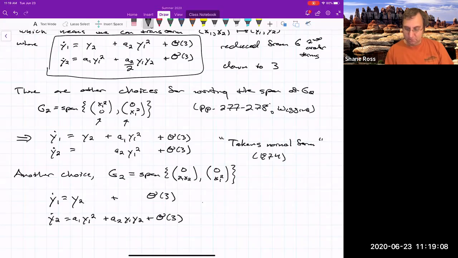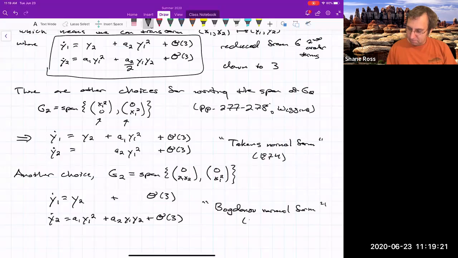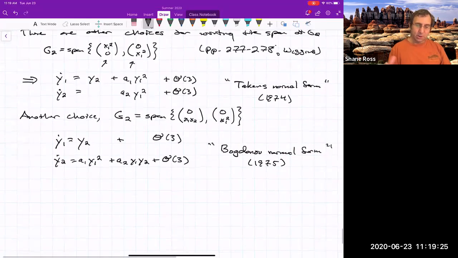And so this also was given a name by somebody else, Bogdanov, who wrote this up in 1975. Together, so whichever choice you make, these are taken as the Takens-Bogdanov normal form.